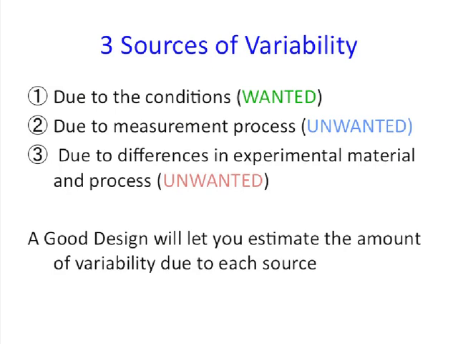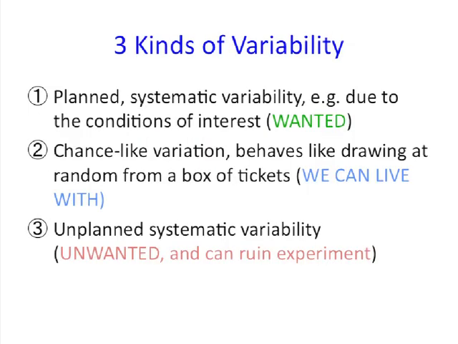That might be variability due to income, due to grade level, that sort of thing. And so these are, again, unwanted sources of variability. So a good design lets you try to control for and or estimate the various sources of variability. Okay, so those are the sources. Now, what are the kinds of variability?